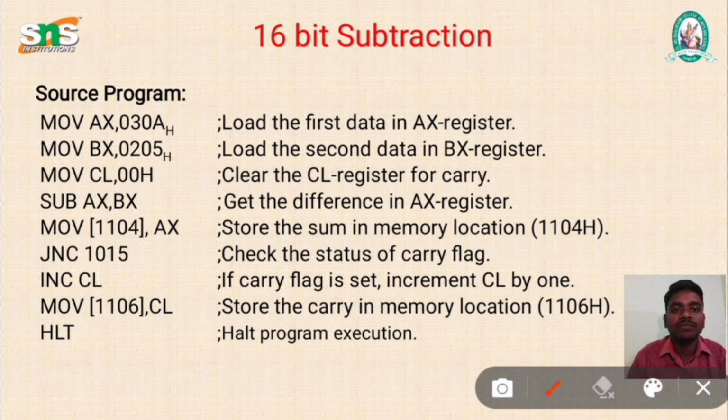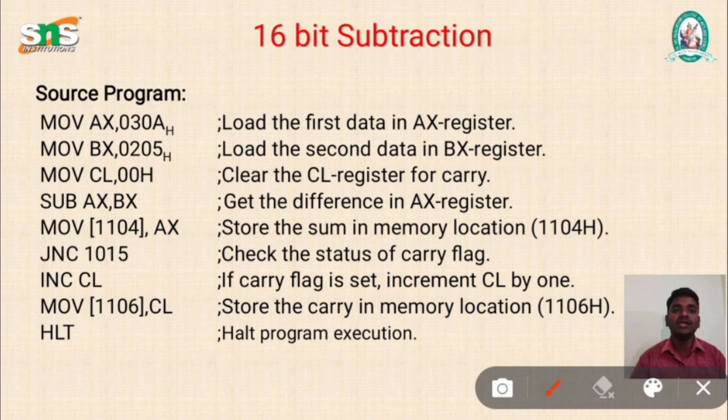If after the subtraction there is a carry flag, that means there is a borrow or some additional value, it will not jump. JNC means jump on no carry. So if there is no carry in the subtraction, it will jump to the MOV 1106, CL step. Otherwise it will execute the INC CL instruction.